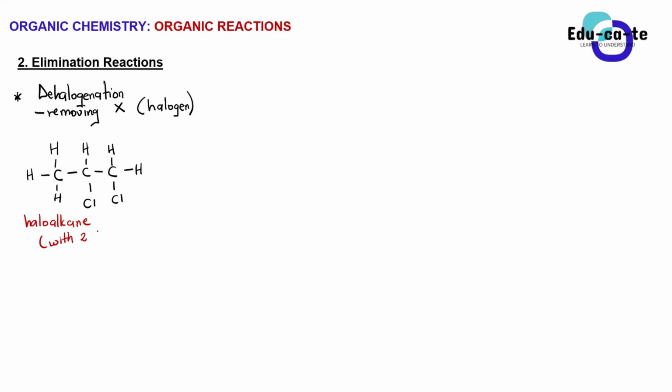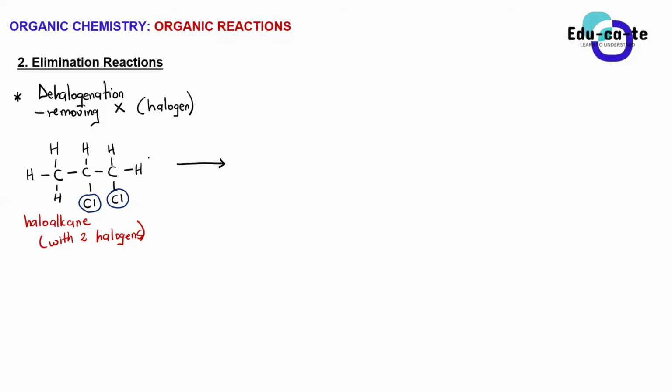Do you see the halogens we have for this compound? Yes, in this case we have 2 Cl groups, these are chloro groups. So we can do dehalogenation, meaning that we are removing the 2 halogens that we have.